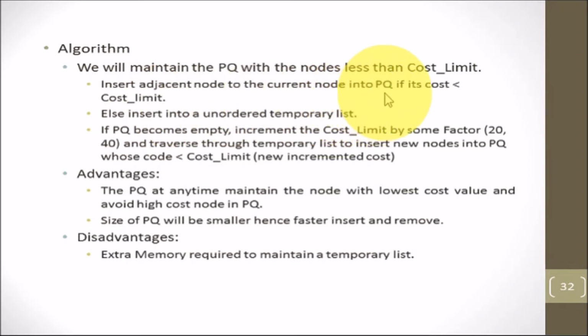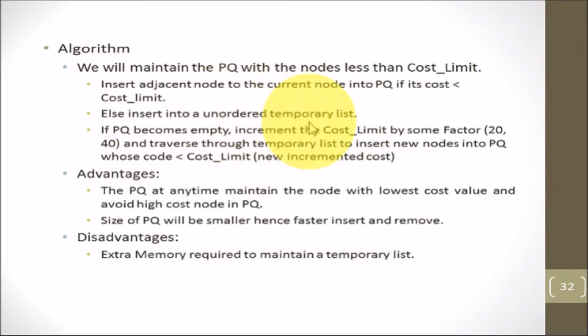So we put a particular node into the priority queue only if its cost is less than the cost limit. Let's say the cost limit is 20, so we will put a node into the priority queue only if its cost is less than 20. If it is not, then we just store that node, which has a higher value than the cost limit, in a temporary list which is unordered.